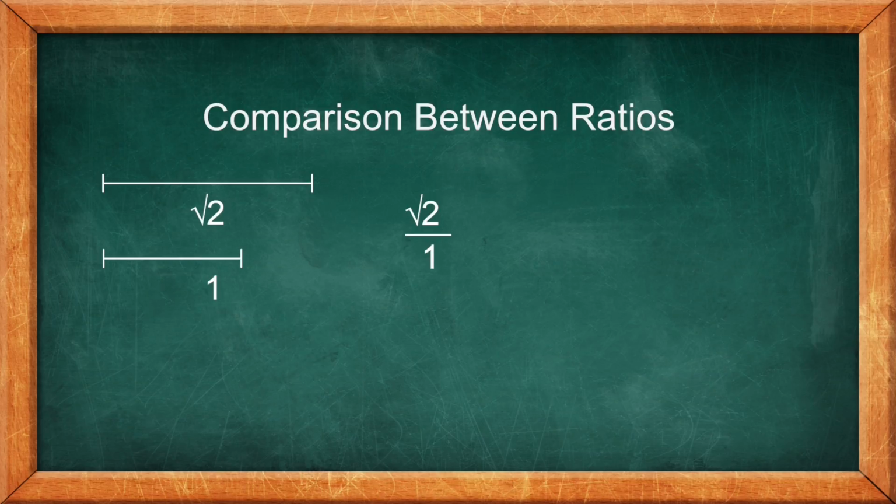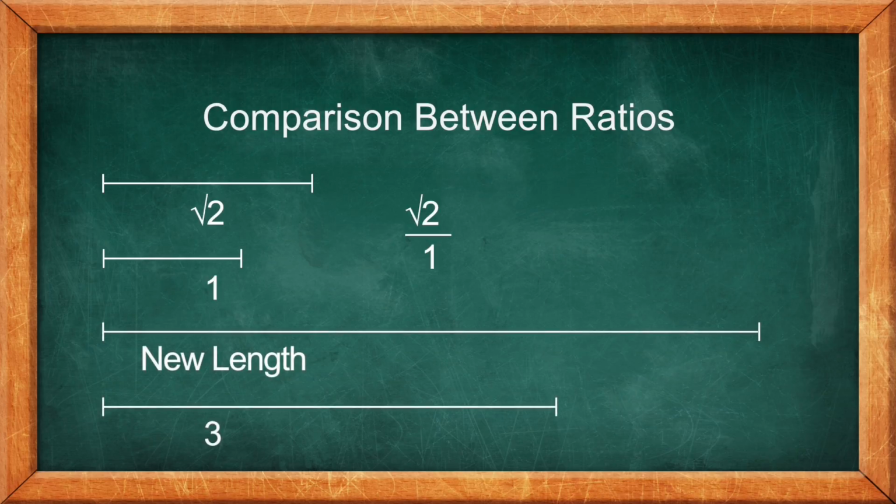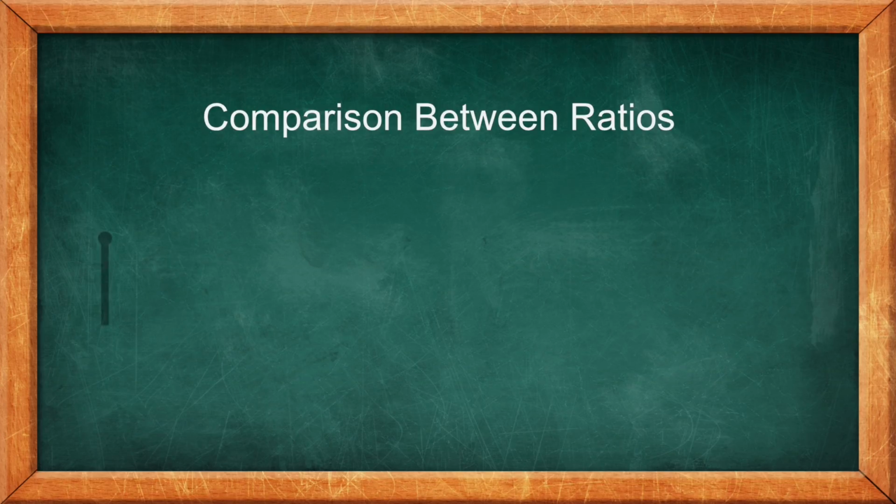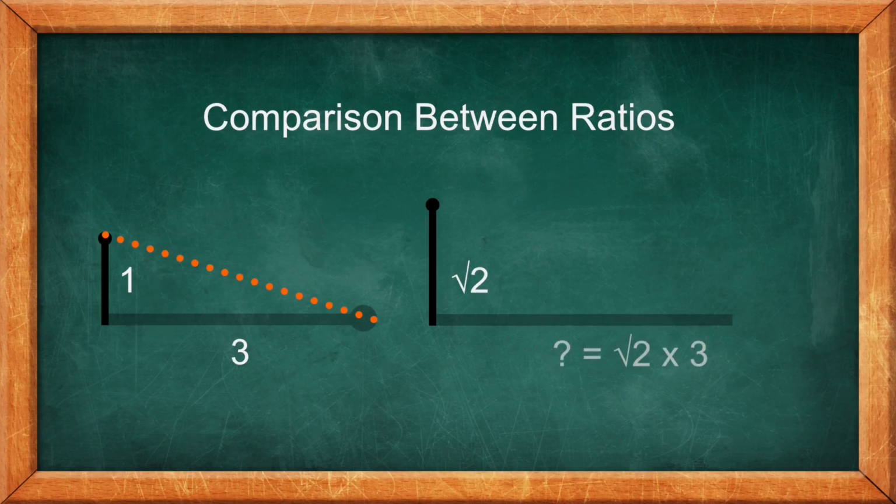When we see the square root of 2, we compare it to a size of length 1. To multiply some other length, like 3, by the square root of 2, we need to find a new length whose ratio with 3 is the same as the ratio of the square root of 2 to 1. You might think of it this way: if a pole of length 1 casts a shadow of length 3, how long is the shadow cast by a pole of the length square root of 2?